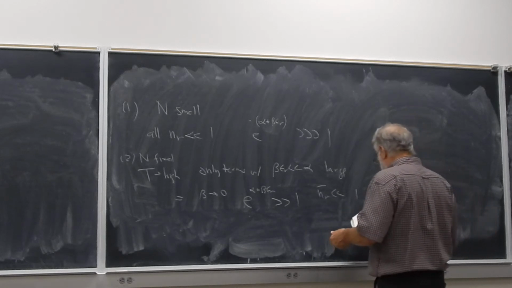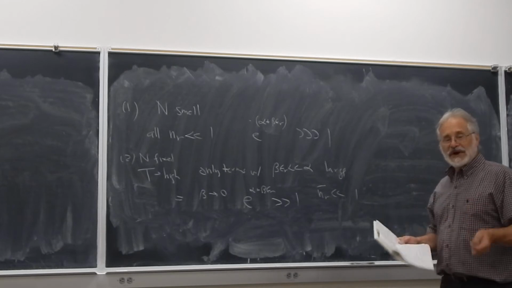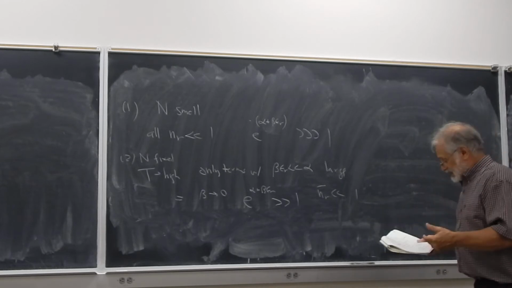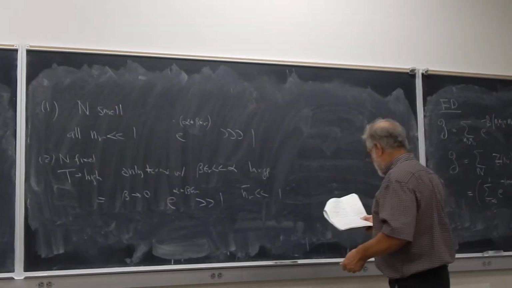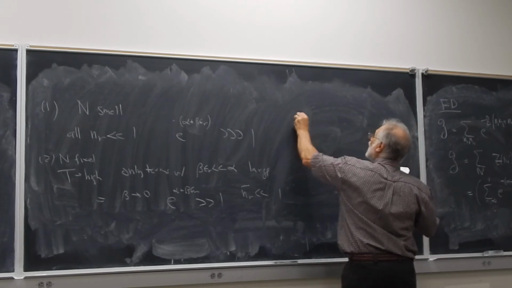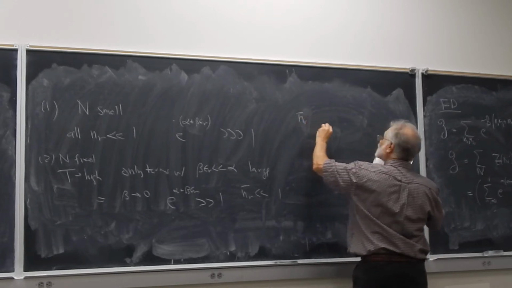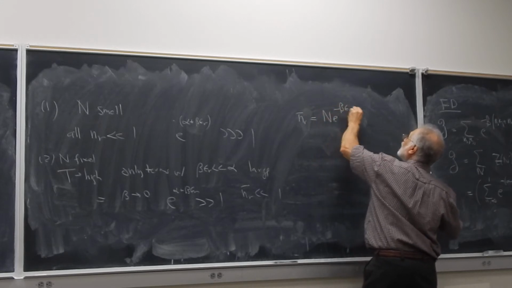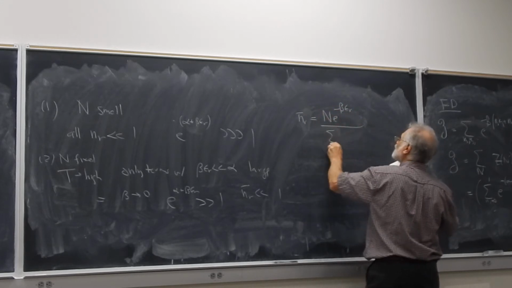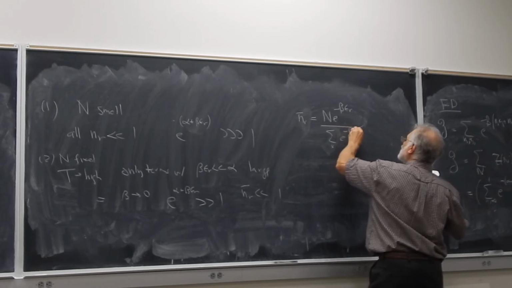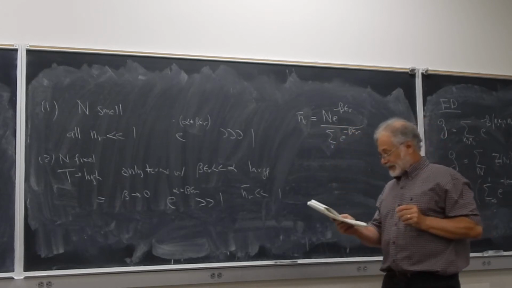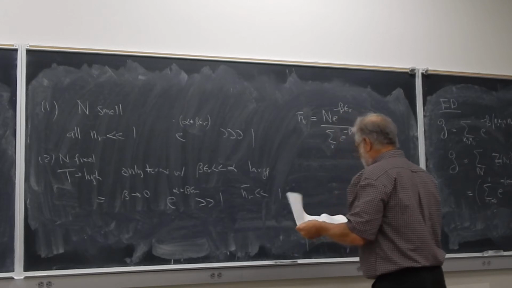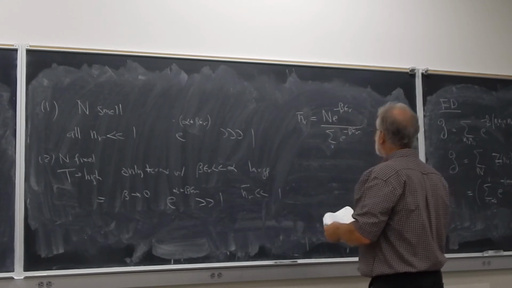So what happens in that case is both the Fermi-Dirac and the Bose-Einstein expressions reduce to the same value. In other words, n sub r will reduce to n e to the minus beta e sub r divided by the sum over r of e to the minus beta e sub r. Now this should look familiar. Looks a lot like Boltzmann statistics.